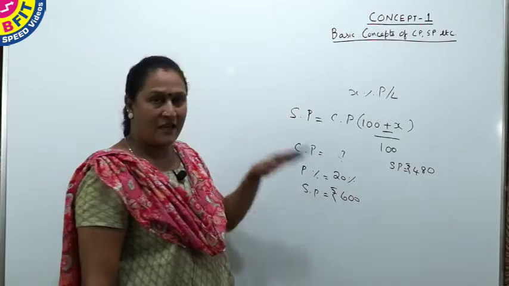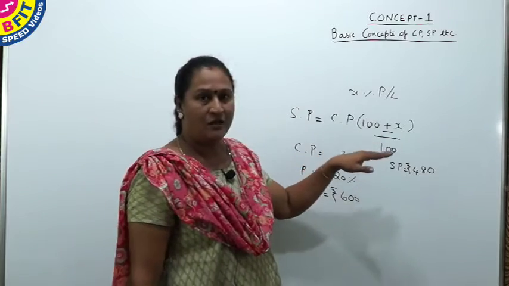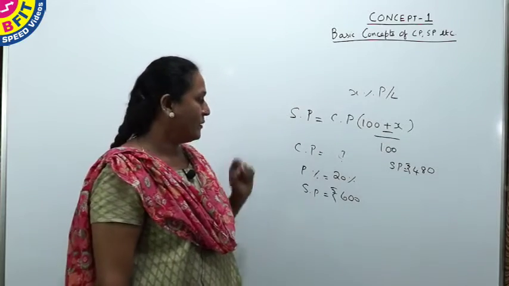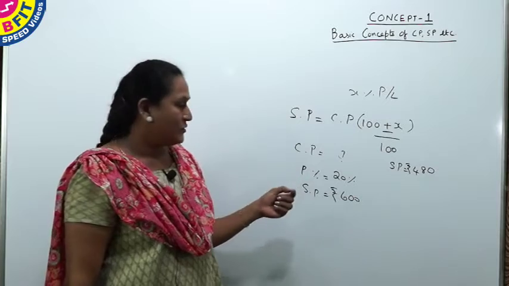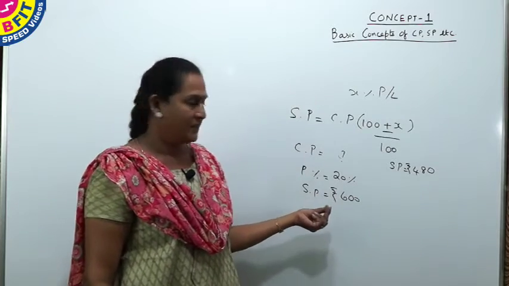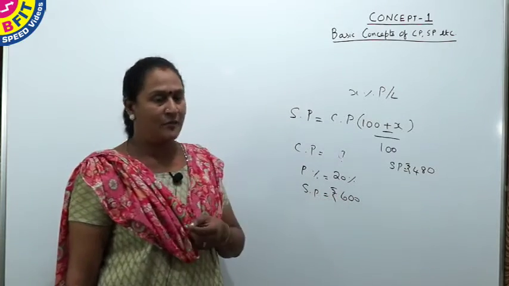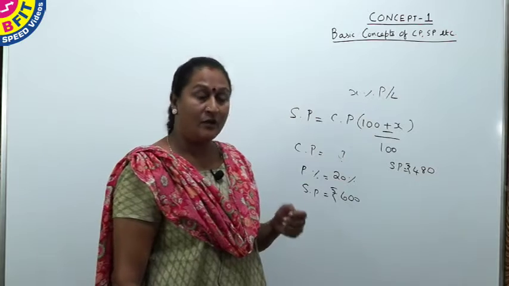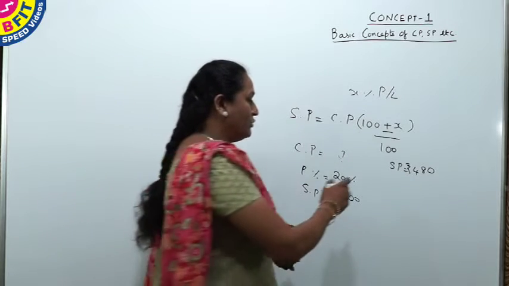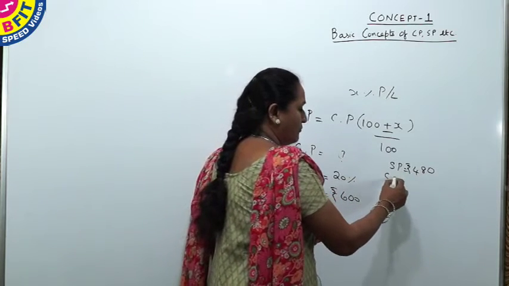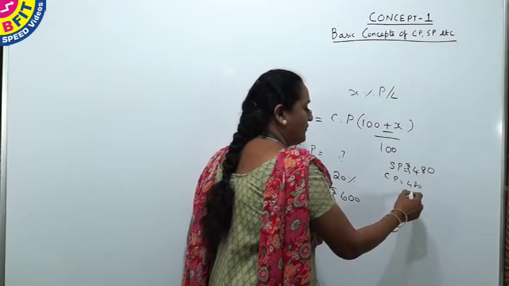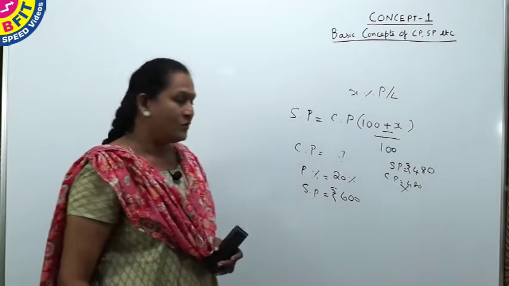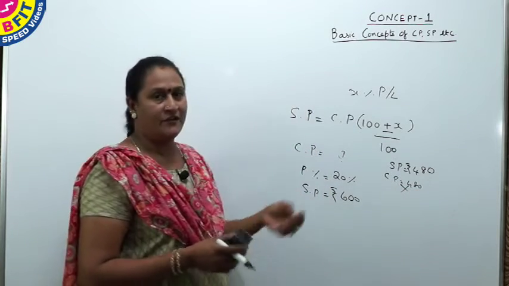Whenever the base is given, only then you can calculate the corresponding percentage from the base. But when the base is asked, you can't find the corresponding percentage and subtract from the selling price to get the cost price. When you do like that, you will get cost price as 480, which is wrong. So we'll see how to calculate the base if it is asked.